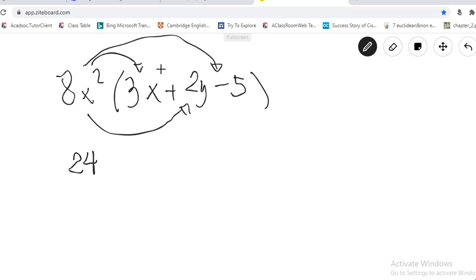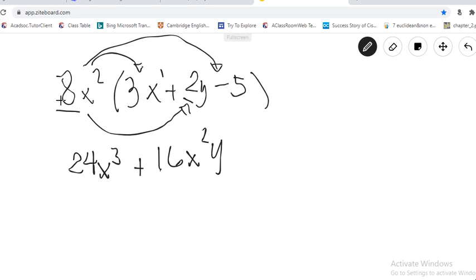We have here an exponent, which is 1, so we will just add it up. The answer is x cubed. And then 8x squared multiplied to positive 2y. So let us multiply 8 times 2. That is positive 16. And then let's just copy the variables, which are x squared and y.